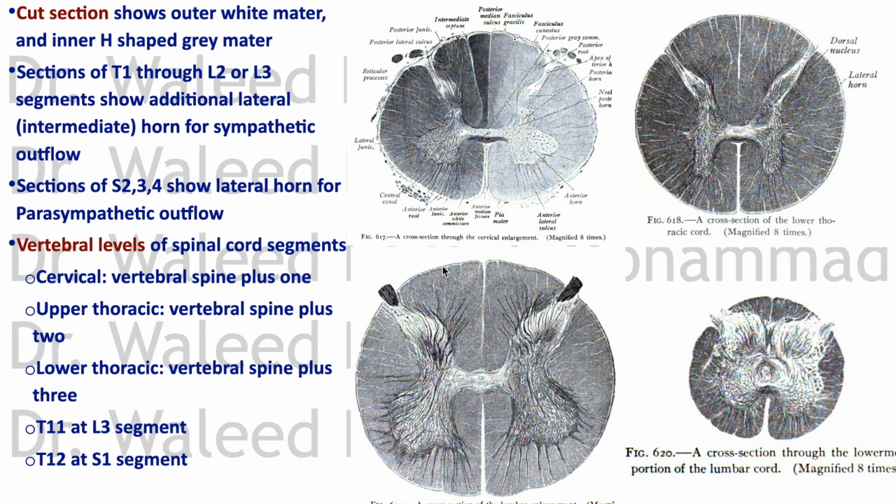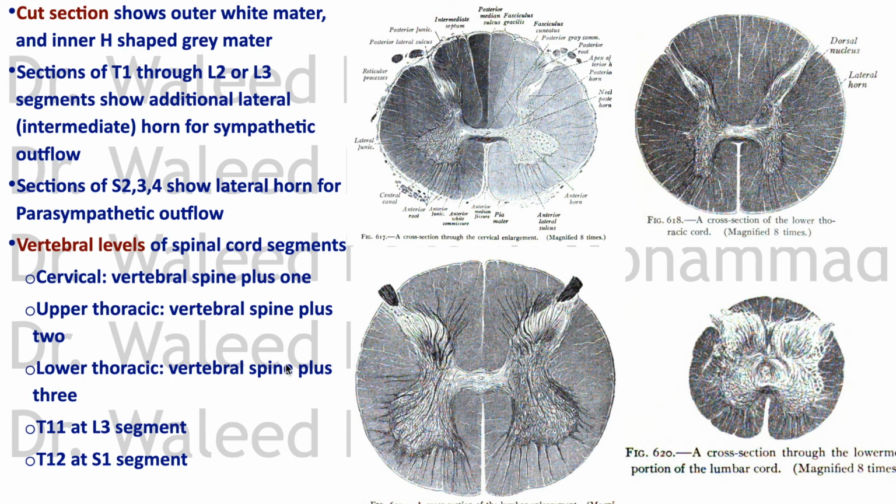The vertebral levels of the spinal cord segments: because the spinal cord is much shorter than the vertebral column, in the cervical region, if you have a certain vertebral spine, add 1 to detect the segment. In the thoracic region, add 2. In the lower thoracic, add 3.